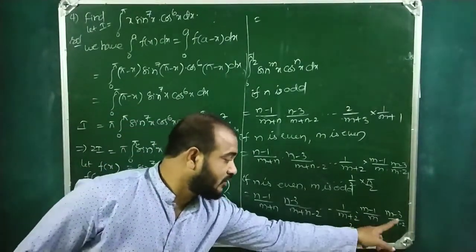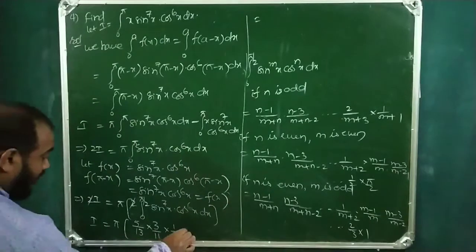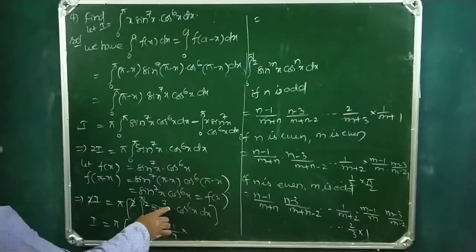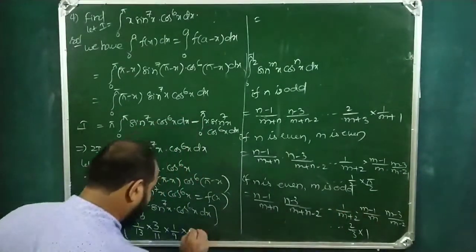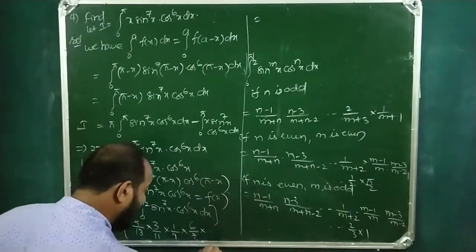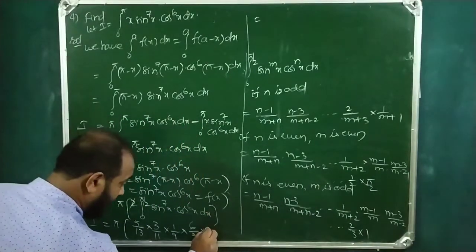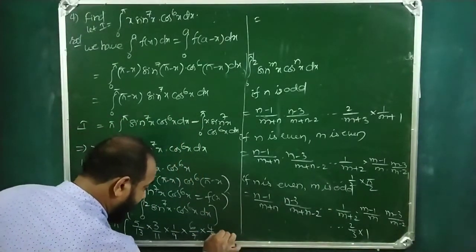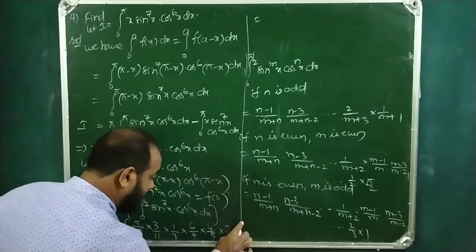Okay. The next part is to be started with m minus 1. M is 7. 7 minus 1, 6 by 7 into, further reduction is possible, 4 by 5 into 2 by 3. The last term will be 1.